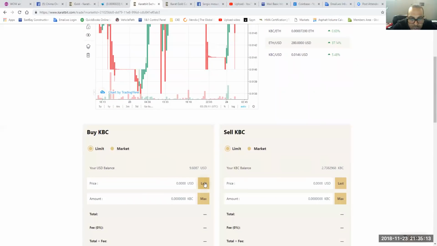A limit order is when I push last, click here. That's the last price KBC was sold for besides my order. Now look at this. Now, of course, it's a limit. So I want to change that. Guess what I want to change that to? I want to change that to 0.0140.